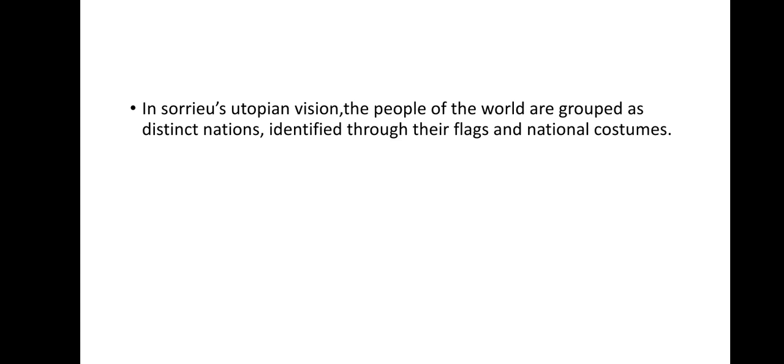In Sorrieu's utopian vision, the people of the world are grouped as distinct nations, identified through their flags and national costumes.